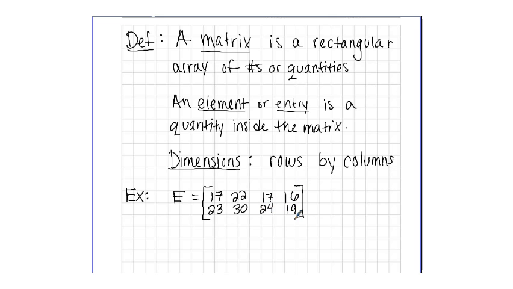So we could say E is a matrix, and it has 2 rows and 4 columns. So this is a 2 by 4 matrix. And each of the different elements inside is what we call an element. So like 17, 22, 17, 16, those are all individual elements of this array or this matrix.